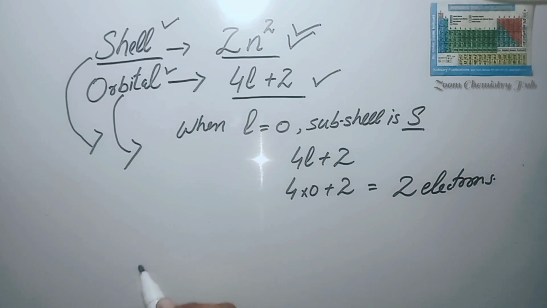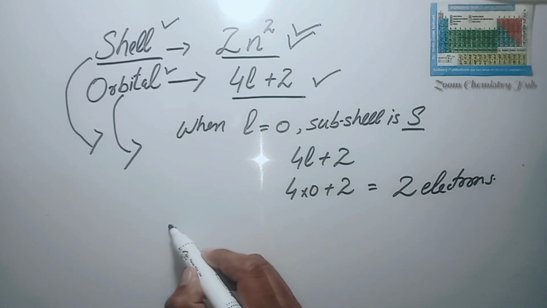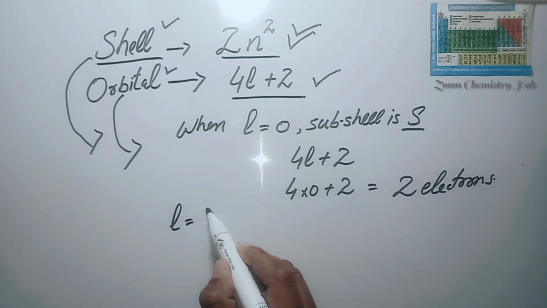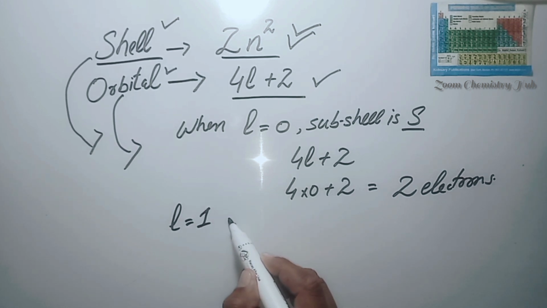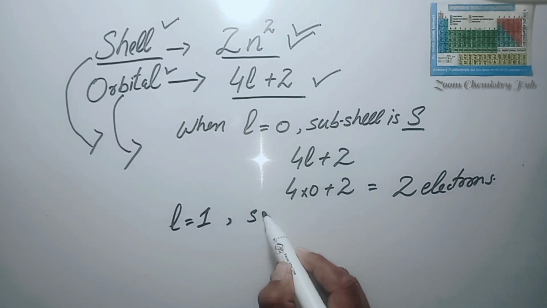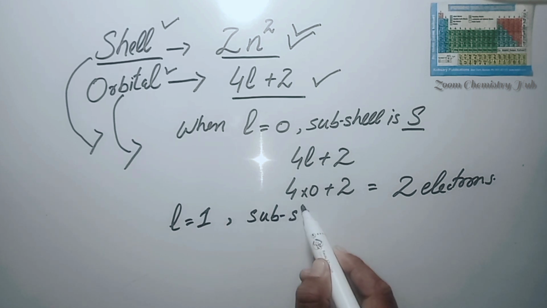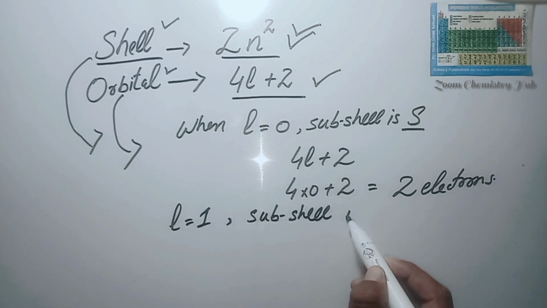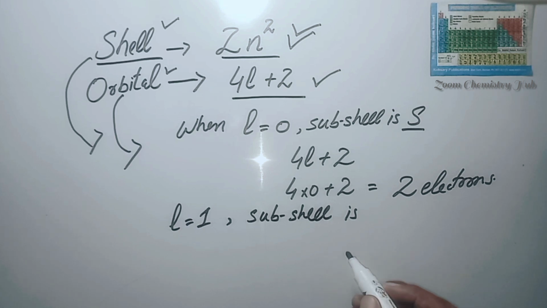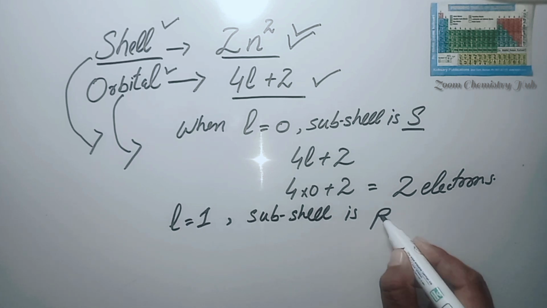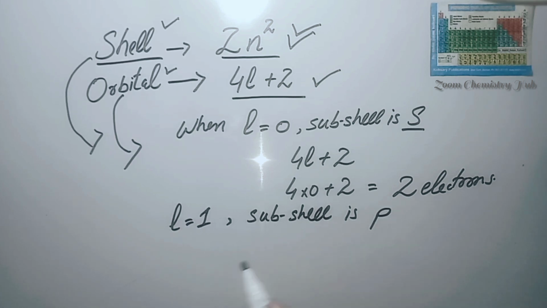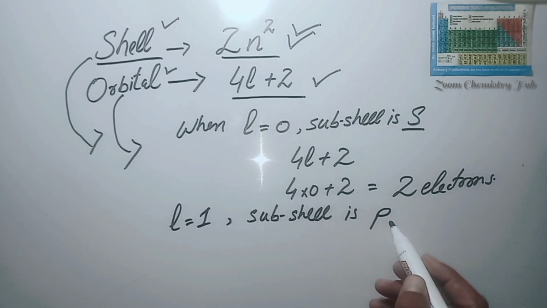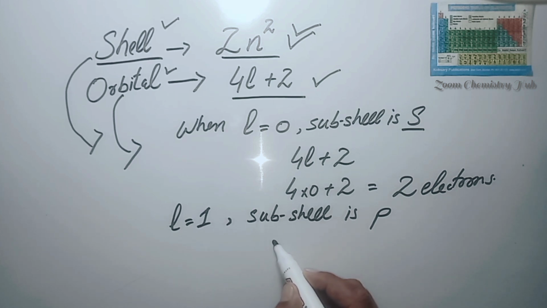Similarly, when the l value is 1, then the subshell is p, and for the maximum number of electrons in the p subshell we calculate using the formula 4l plus 2.